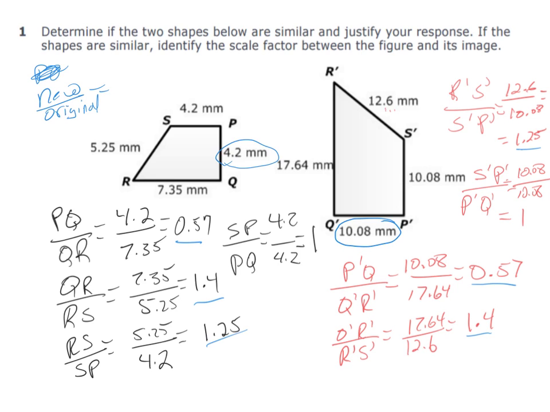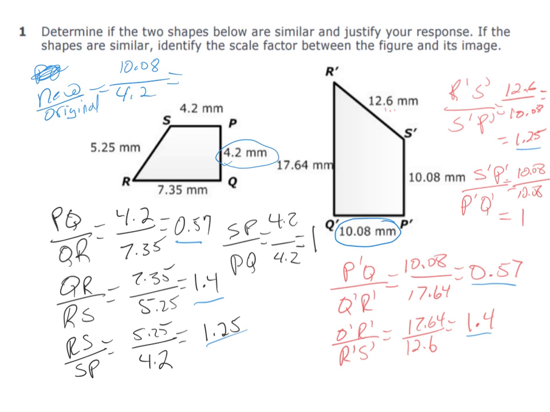Some people will say image divided by pre-image, but let's make it as simple as we can, if you don't mind. So if I see my prime marks, then I know 10.08 is my new, and 4.2 is my original.